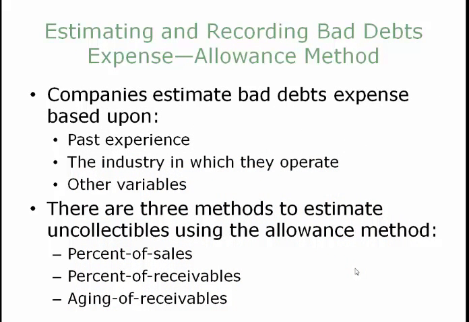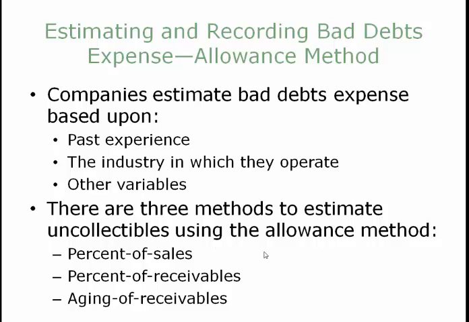Now, if we use the allowance method, we can look at three different ways to determine it. You look at past experience, what's happening within the industry, and then some other variables, it might be economic variables as an example. You have percentage of sales, percentage of receivables, and aging of receivables.